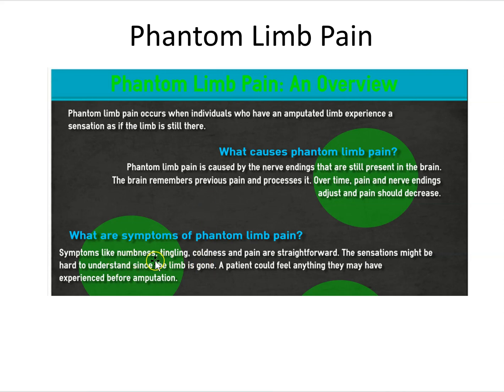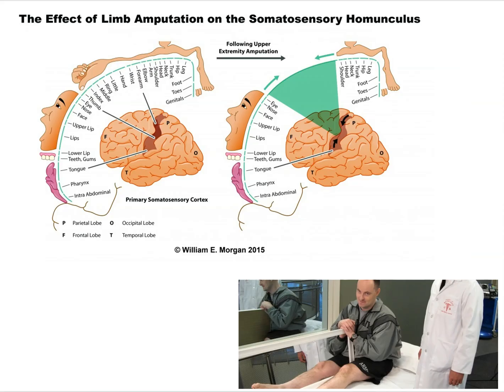There can be things like numbness, tingling, I've heard itching, pain. So there's all sorts of signals coming in. One thought is that when the limb is gone, that area of the somatosensory cortex kind of needs to fill it in. So it tends to fill it in with these irritating sensations, which is why, kind of interesting, mirror therapy is used a lot to help treat it.